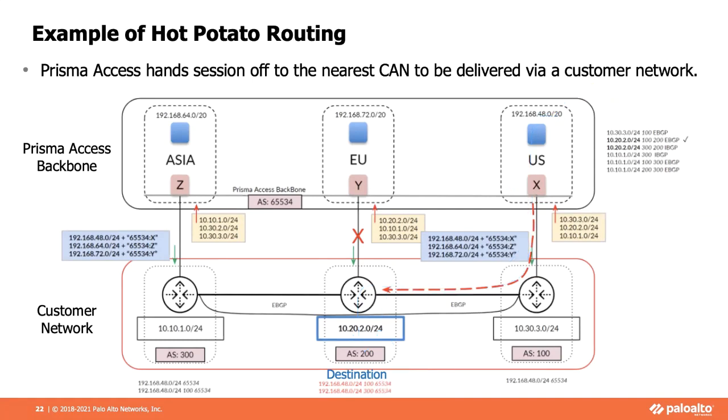So instead of using the fiber optic Prisma Access backbone, we're pushing things down to the customer's network as soon as possible. It only uses service connections in order to do this because they are unmetered.